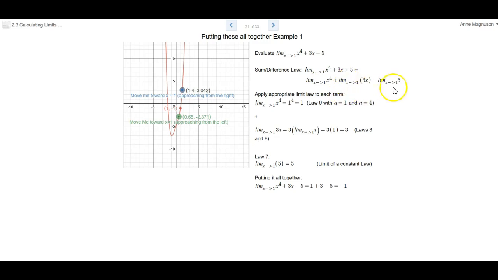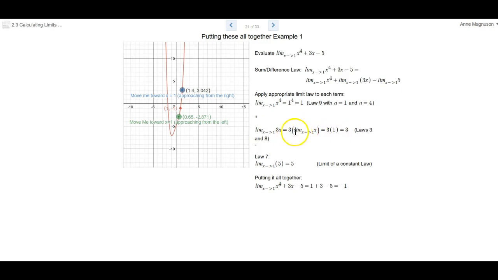Then I'm going to look at each limit, and this first limit, I can apply that power law that said I can just replace x with 1. So 1 to the fourth power is just 1. For this second one, I'm going to apply the constant multiple law, so I can pull out that 3.